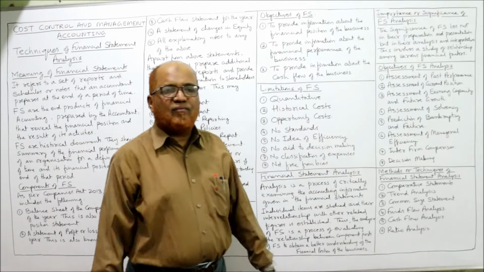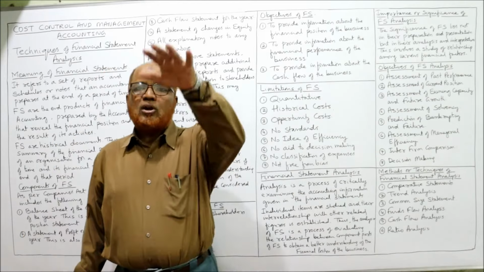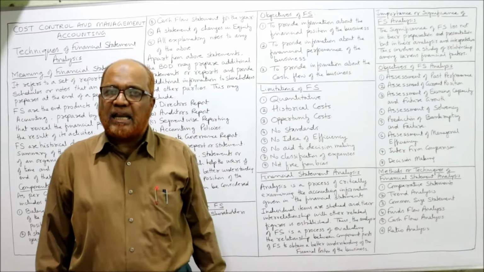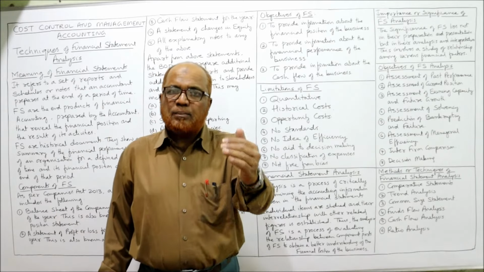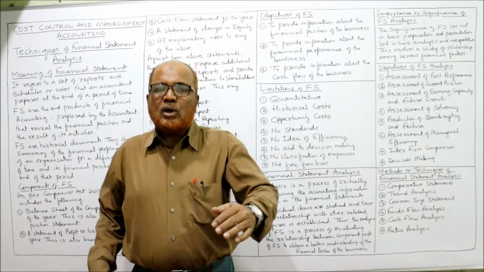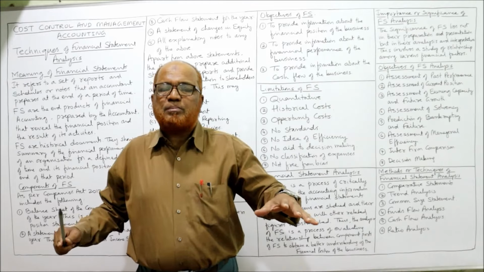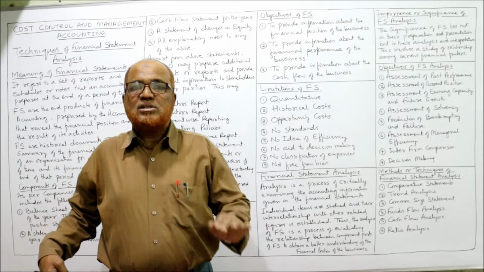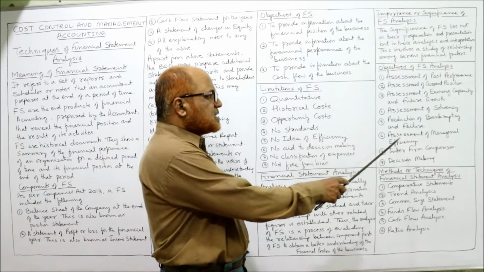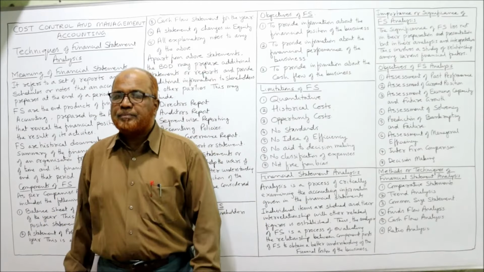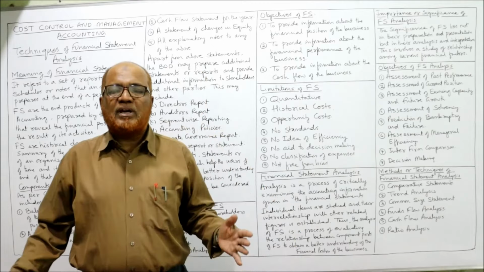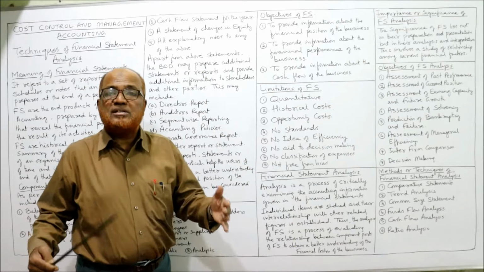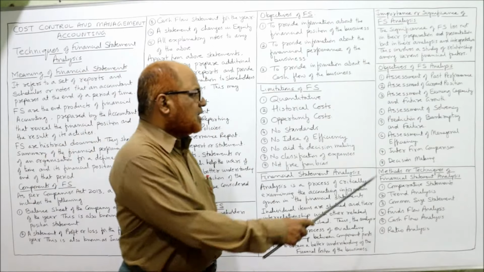Prediction of bankruptcy or failure. The business will not collapse all of a sudden. Slowly the business will sink. So if we analyze the financial statements, we can know what the failures are and how the business is drowning. Next one, assessment of managerial efficiency. By making this financial statement analysis, we can evaluate the efficiency of the managers.